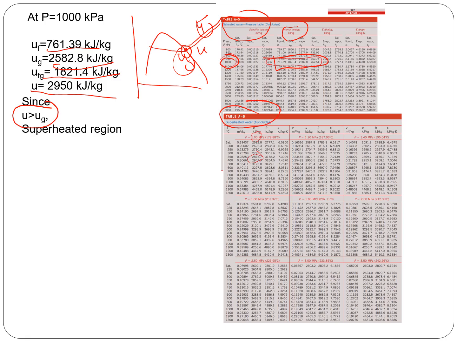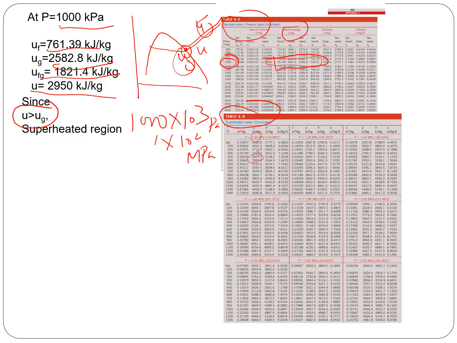Now we know the pressure is 1000 kilopascal, and the pressure values in the superheated table are in megapascal. 1000 kilopascal is 1 megapascal, because 1000 multiplied by kilo, 10 to the power 3, gives pascal, so it becomes 1 times 10 to the power 6, and 10 to the power 6 is mega.